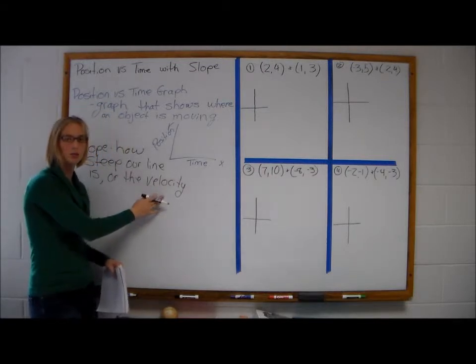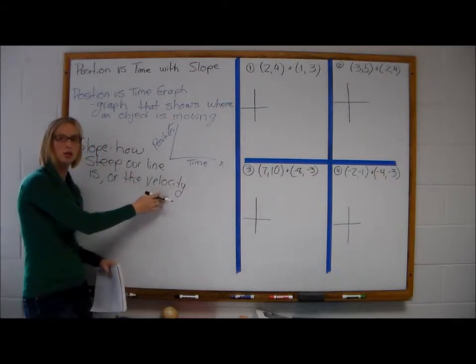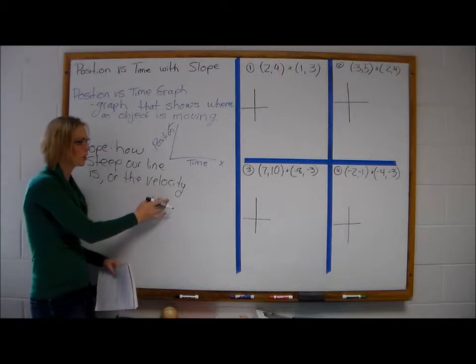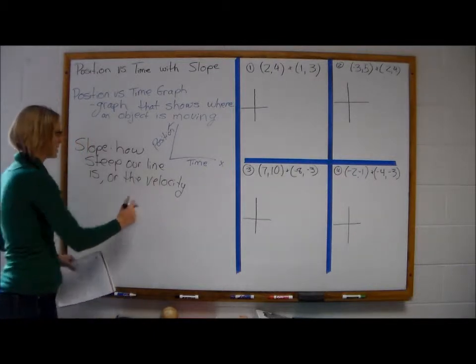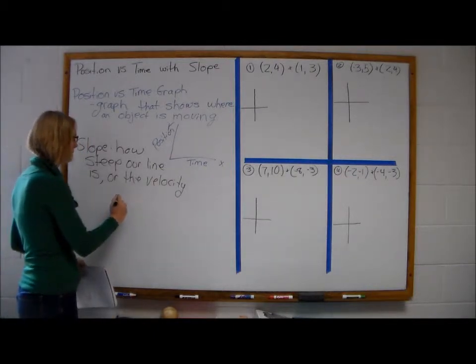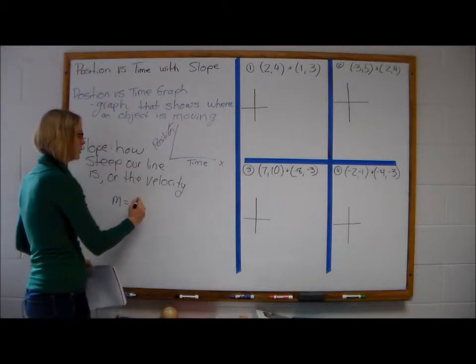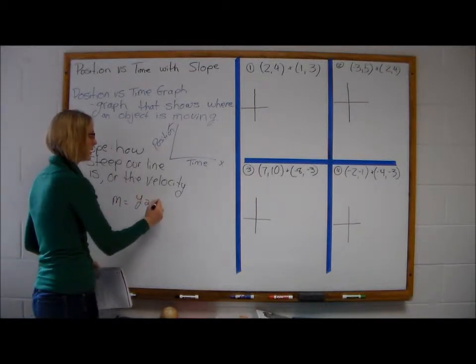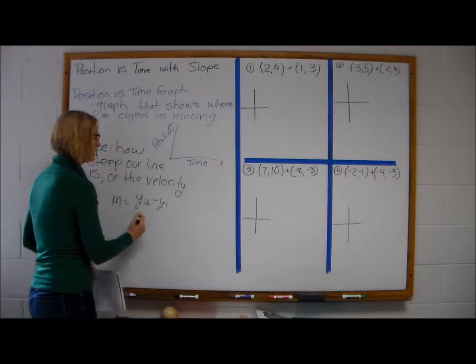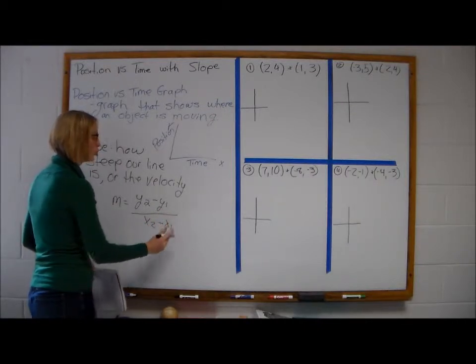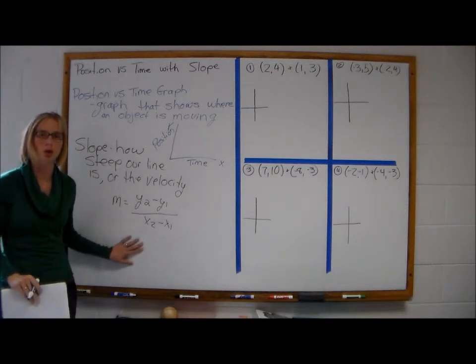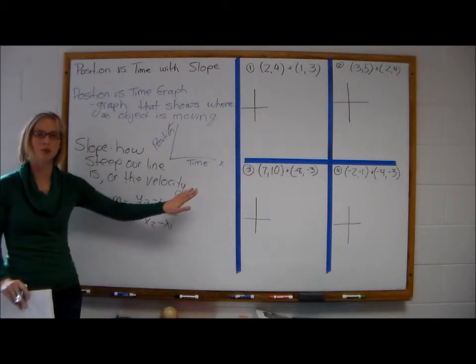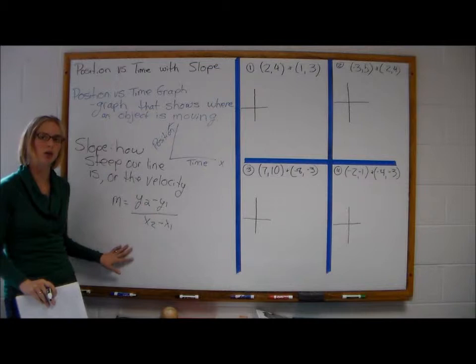Remember for velocity, we talked about it was the change in the distance divided by the time. Okay? We have a formula for slope. Our slope is m equals y2 minus y1 divided by x2 minus x1. We need to memorize this. We're going to do some examples to help explain how we use this formula.